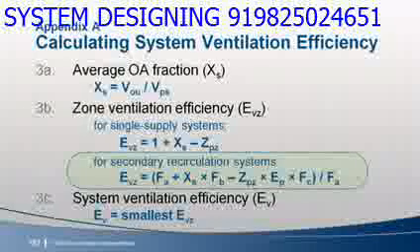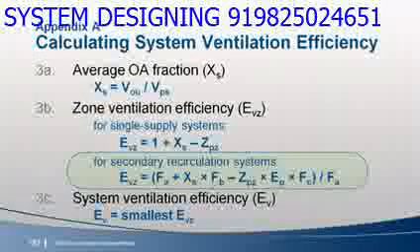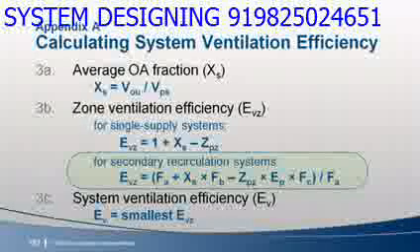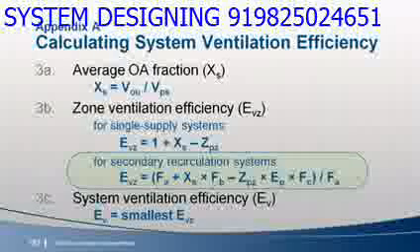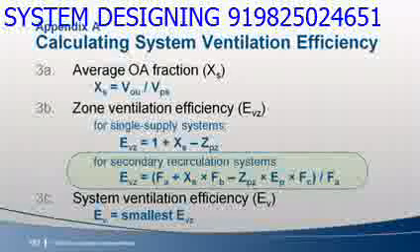The calculation of zone ventilation efficiency has a few more terms that we'll have to look at. These terms help account for the fact that unused outdoor air enters the zone through both of the recirculation paths. Finally, just like for the single-path systems, the system ventilation efficiency is equal to the smallest zone efficiency.